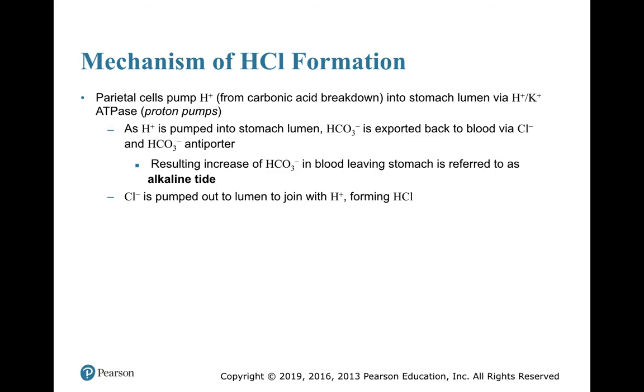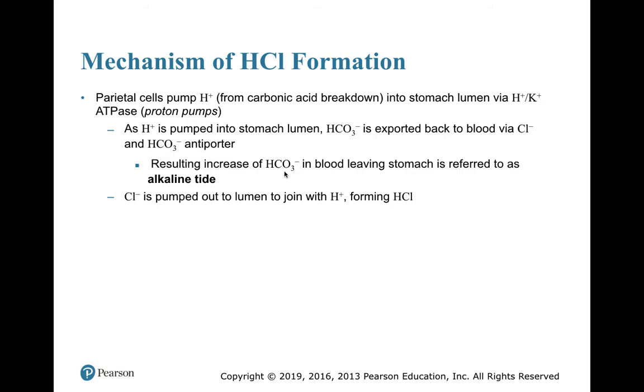The parietal cells are going to pump hydrogen ions, which come from carbonic acid, into the stomach lumen through a hydrogen ion potassium ATPase, which is commonly referred to as a proton pump. Remember, a hydrogen ion is a proton. As a hydrogen ion is pumped into the stomach lumen, bicarbonate is exported back to the blood through a chloride bicarbonate antiporter.